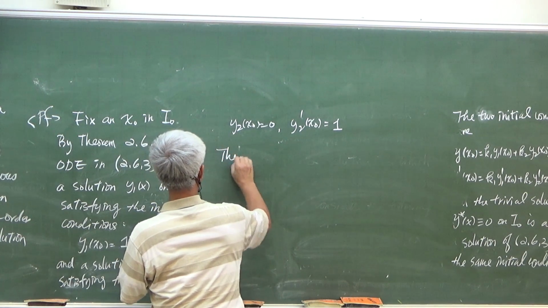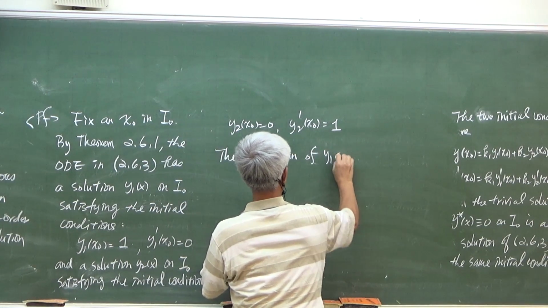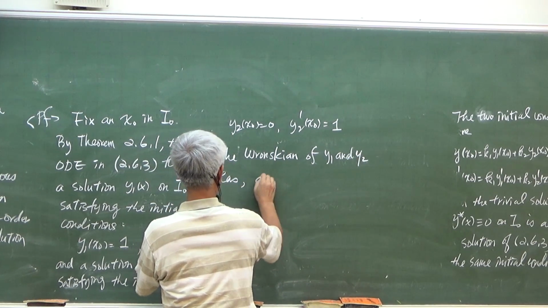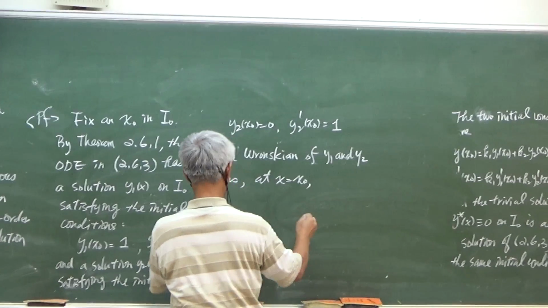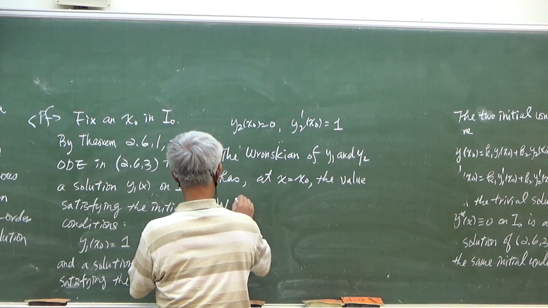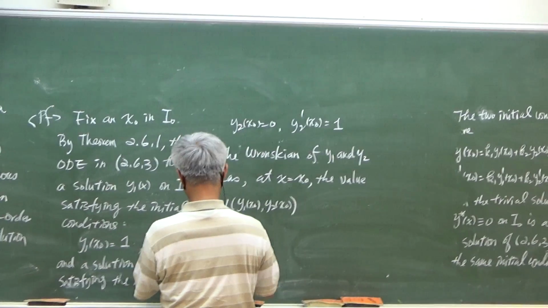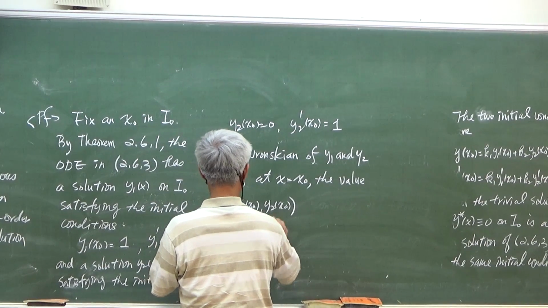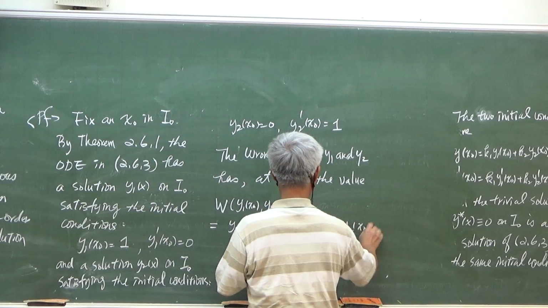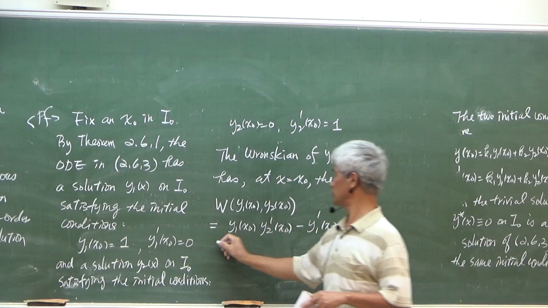Now we apply theorem 2.6.2 to say that y1 and y2 are linearly independent. Why? Well, the Wronskian of y1 and y2 at x equal to x0 has the value y1(x0)y2'(x0) minus y1'(x0)y2(x0).